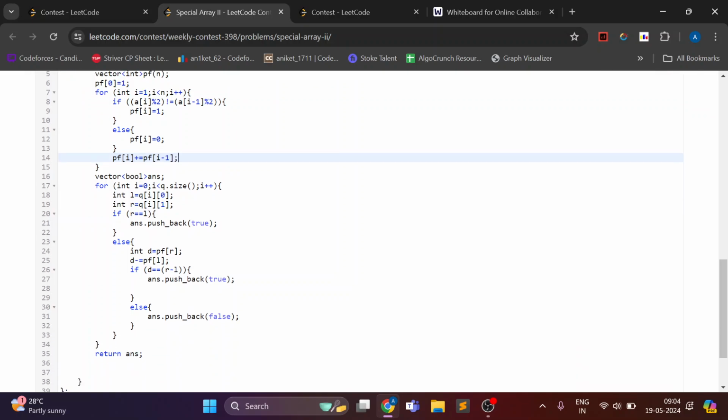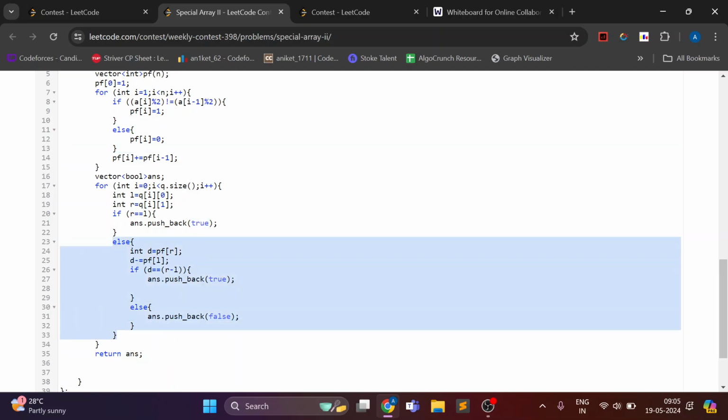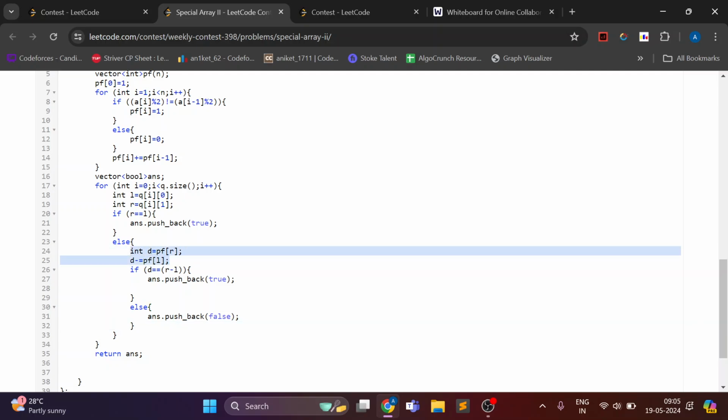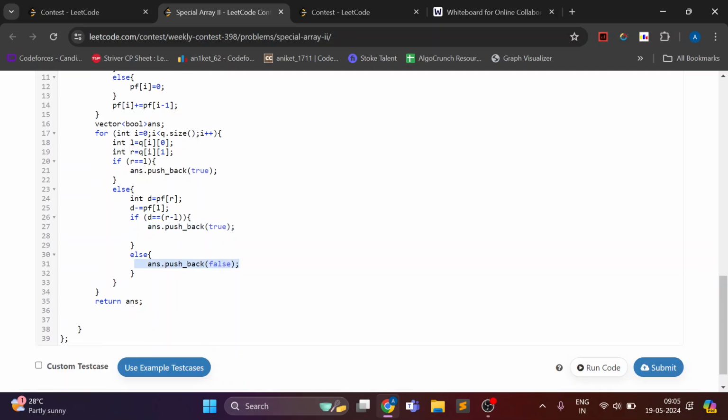Now I am iterating over the queries vector, getting L and R. If R and L are equal, that means our answer is true, because a size 1 array is always a special array since there are no adjacent elements. Else I'm calculating the prefix sum of the subarray using the prefix array, and I'm checking if it is equal to the length of the subarray except the first element, so that will be R minus L, and if it is equal to it, I will push back true, else I will push back false.